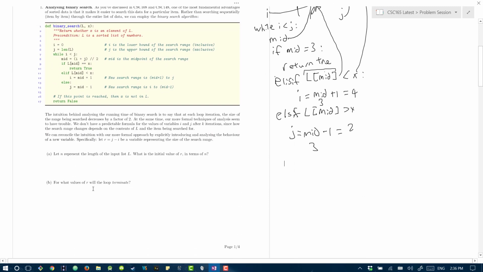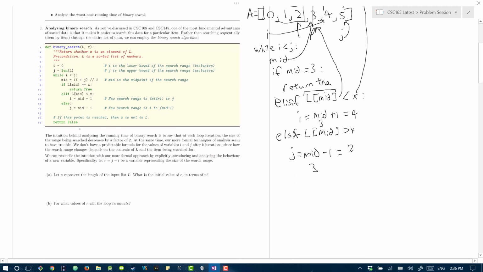In order to figure out exactly how this works, we're going to say let r equal j minus i, so j being this minus this.